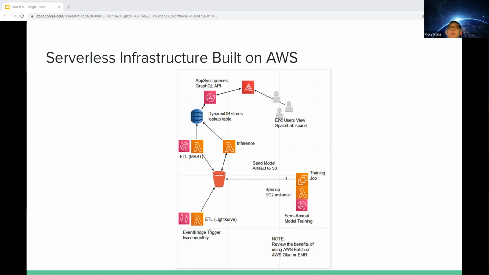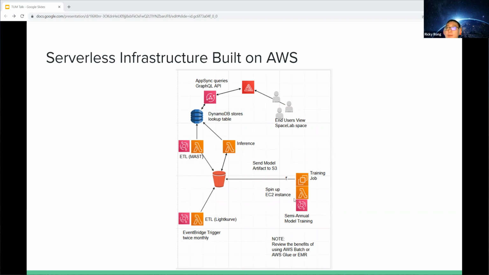That would be these two parts here. We are planning to add an EventBridge trigger to it once most other things are done, so that we can run this on a schedule, possibly semi-annually for training and then more frequently for inference.